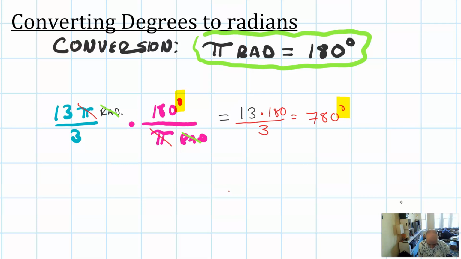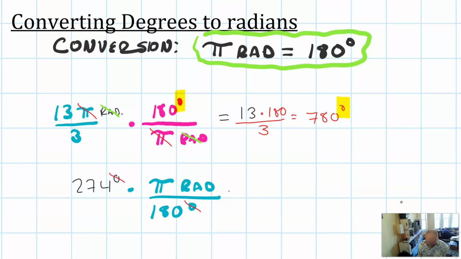Say that I wanted to convert 274 degrees to radians. Well, I would need to multiply by the conversion factor. That's the reciprocal of the above conversion factor. So I'll multiply by pi radians that are in 180 degrees.